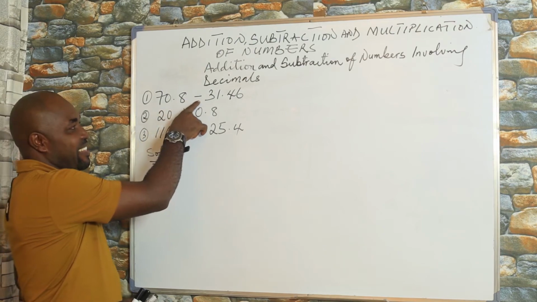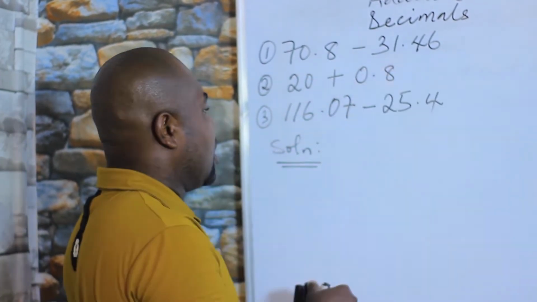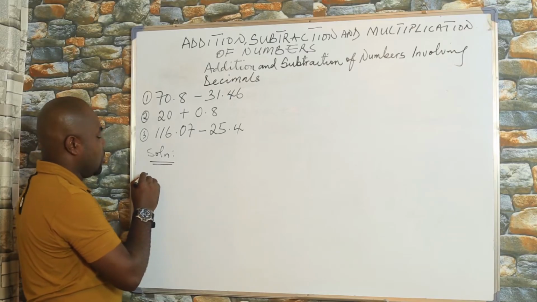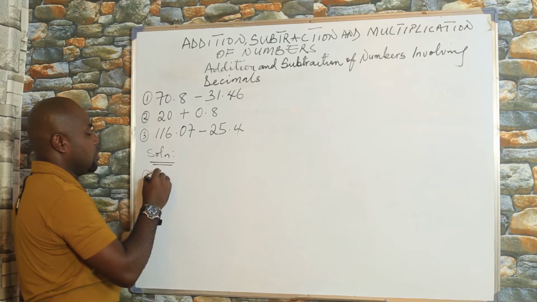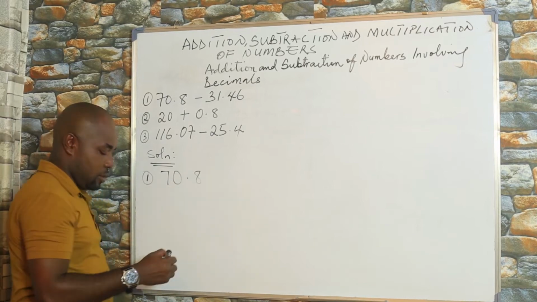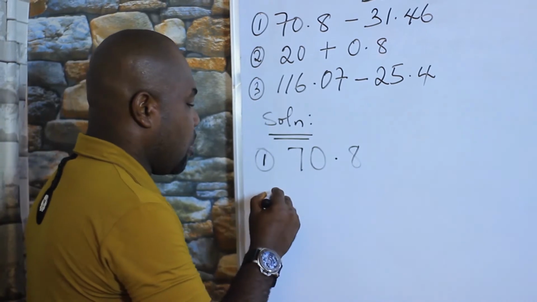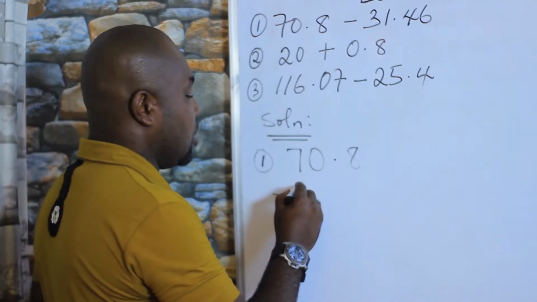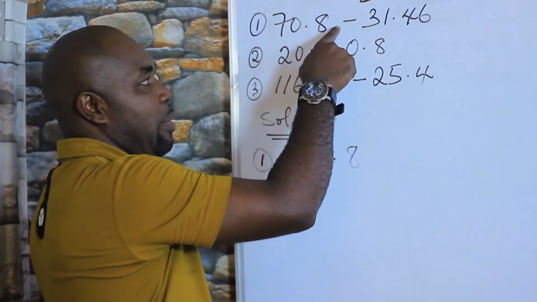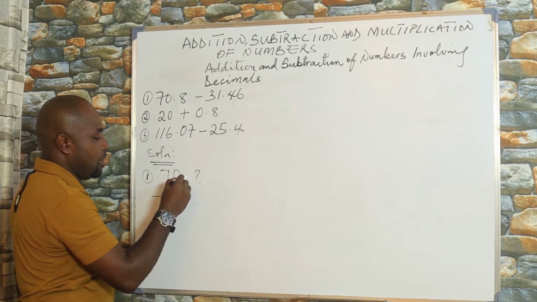70.8 minus 31.46. If you watch here, we shall apply our knowledge of place value of numbers to enable us solve and get the required result here. 70.8 is greater than 31.46. Number 1, 70.8 minus, watch your place value and watch your decimal points. This is the decimal point here.